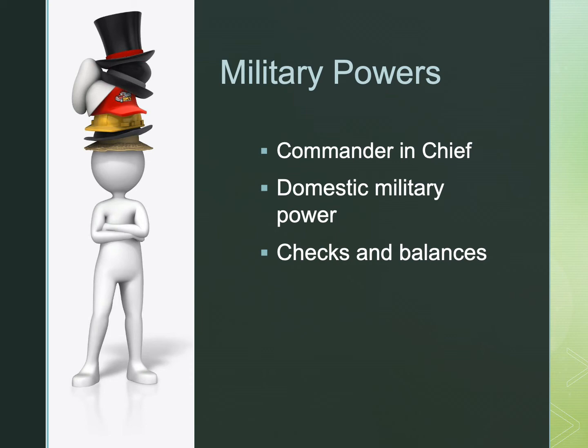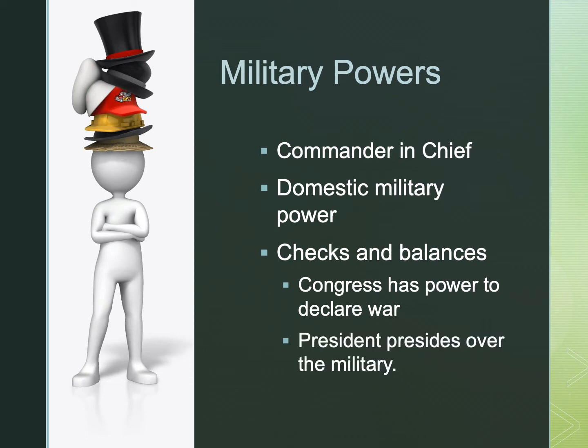And so, again, the military power is quite vast. Keep in mind that we do have checks and balances when it comes to military power. Congress has the power to declare war. Presidents cannot declare war, but the president presides over the military.